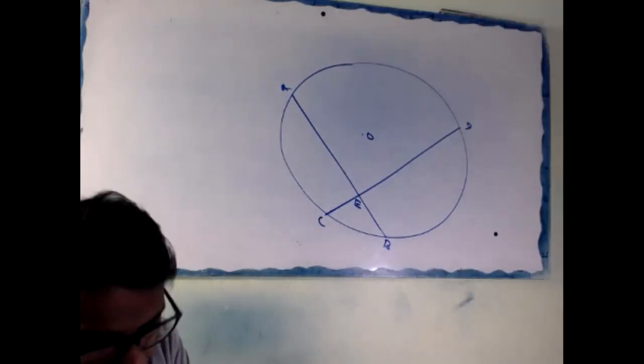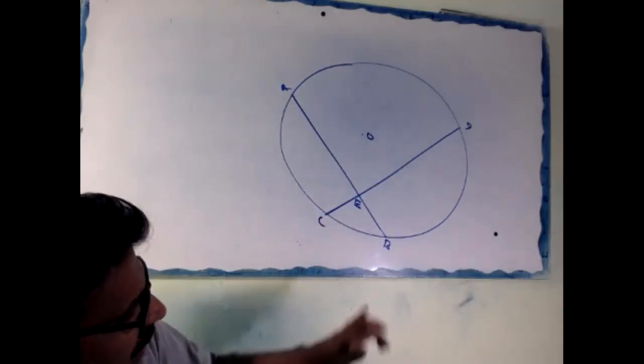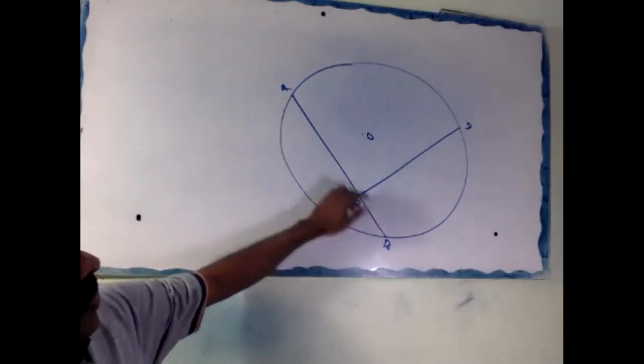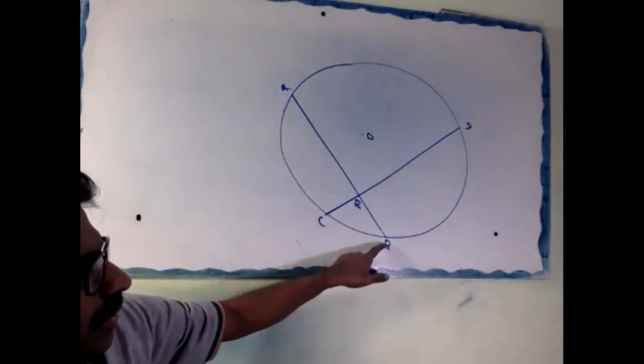That means AB and CD are two equal chords that intersect at E. What do we prove? AE equals DE, CE equals BE.